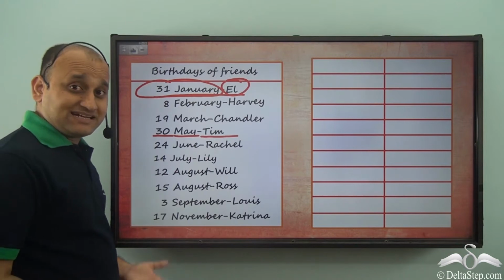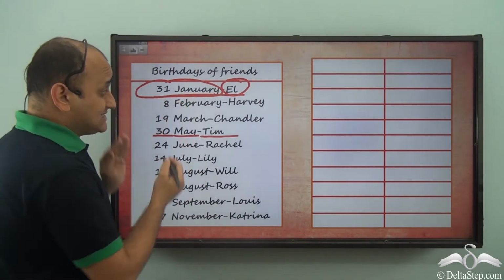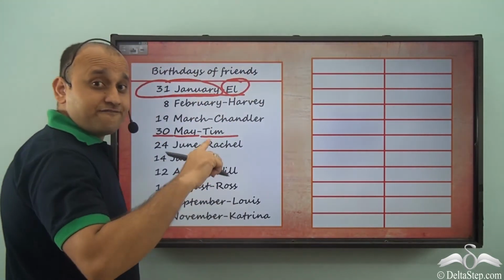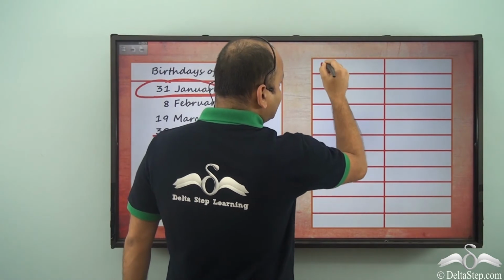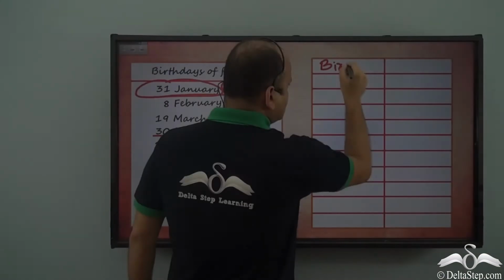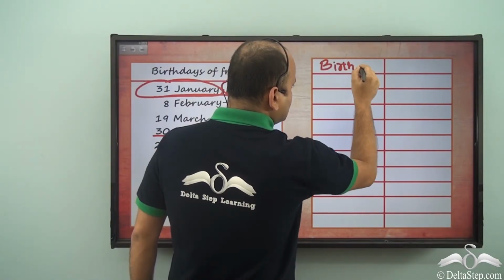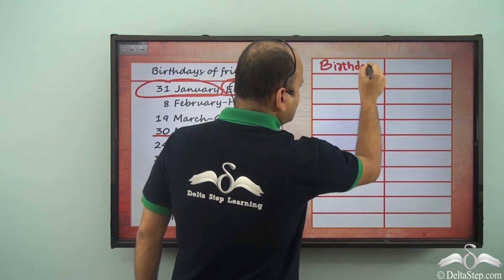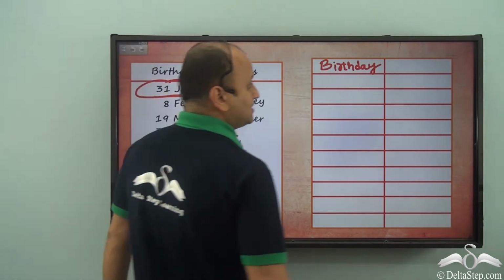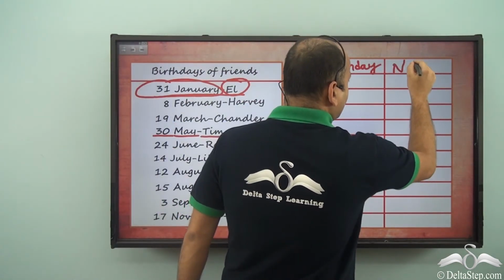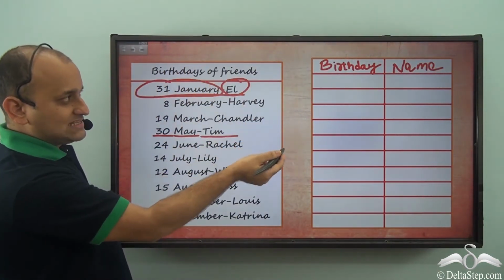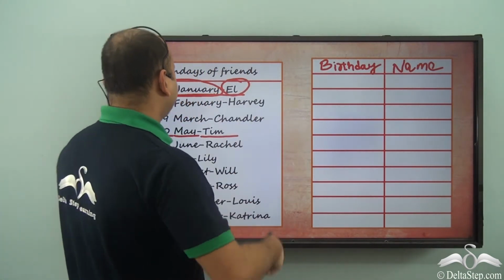Now if you want to represent the data in terms of birthdays, then what will you do? Well, we will name the first column as birthday. And the second column as name. So you have birthday on one side and name on the other.